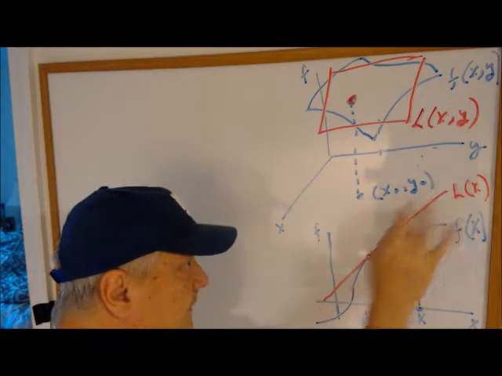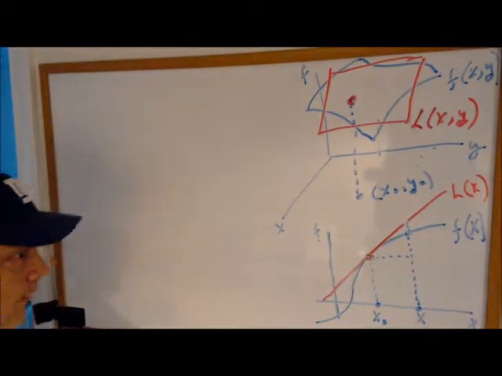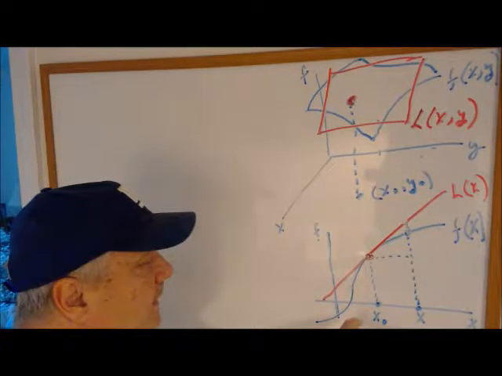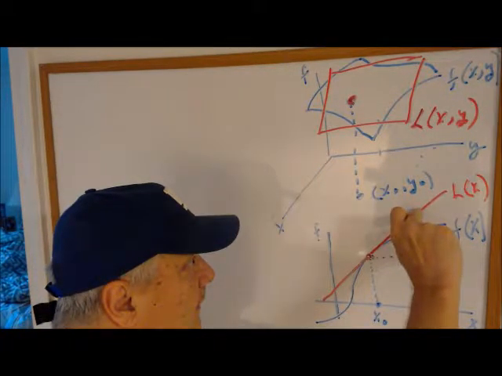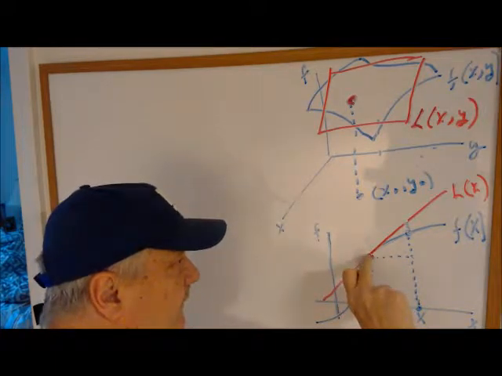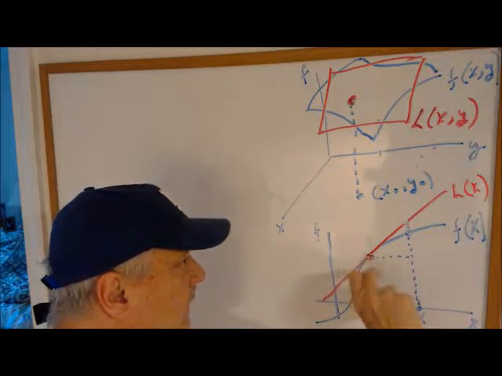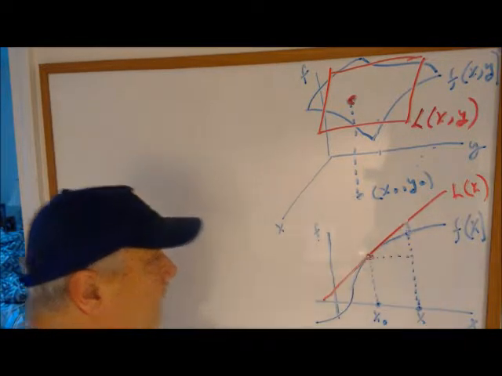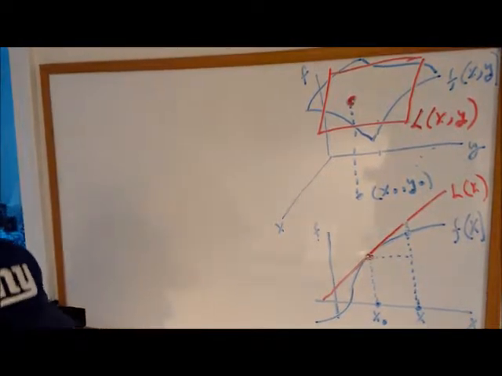So the goal here is to construct an equation for L. And I think you can see just by looking at it, L, an arbitrary value for L, is just this value plus this value. So let's write that down in red.